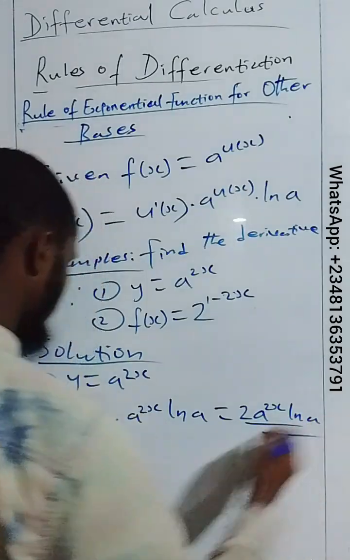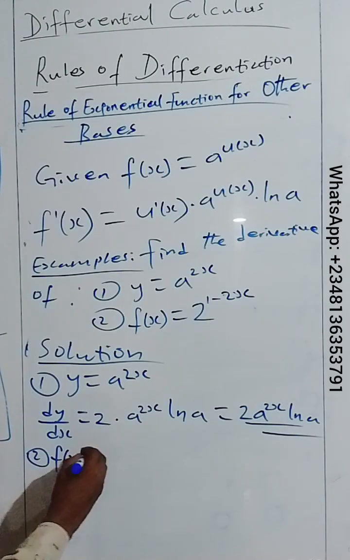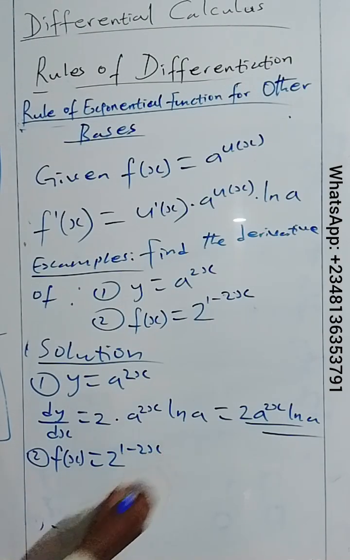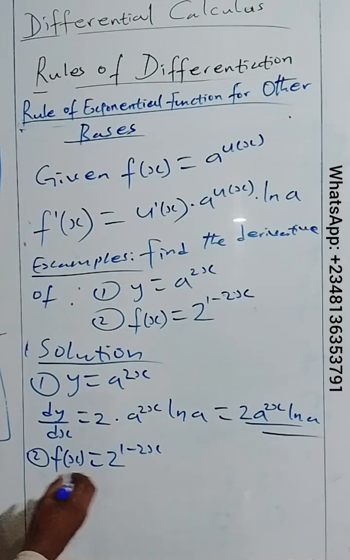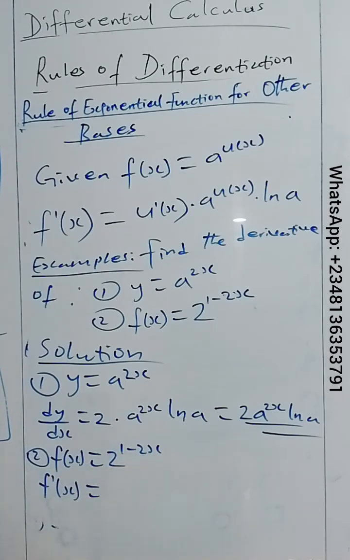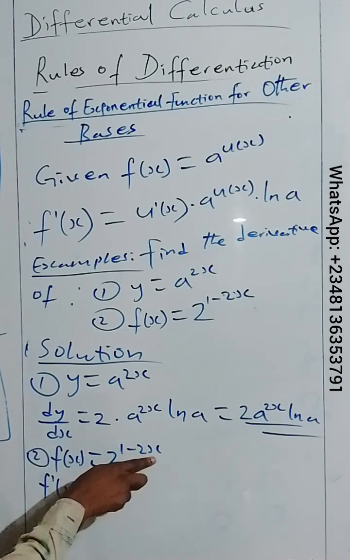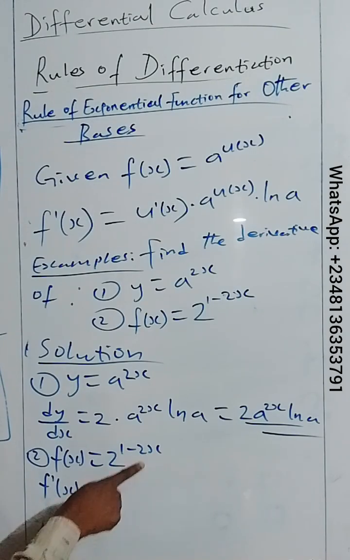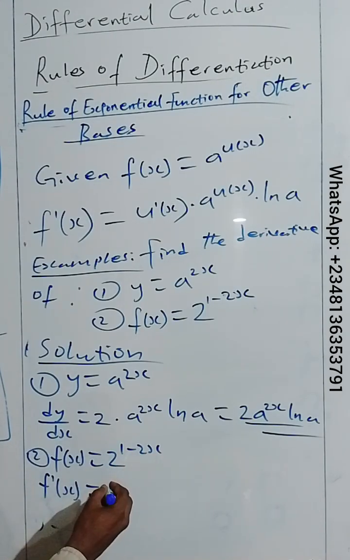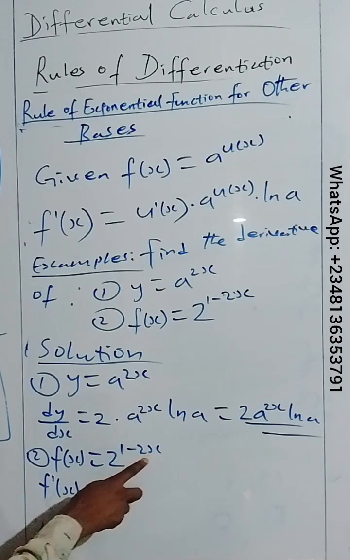This is our answer. For the second one, we have f of x equals 2 raised to the power 1 minus 2x. To find the derivative, f prime of x, we differentiate the power. The power is 1 minus 2x. The constant becomes 0. Then minus 2x is a linear function, so when I differentiate minus 2x, don't forget the sign will still be there, minus. The derivative of a linear function is the coefficient of the relevant variable, which is 2 here.